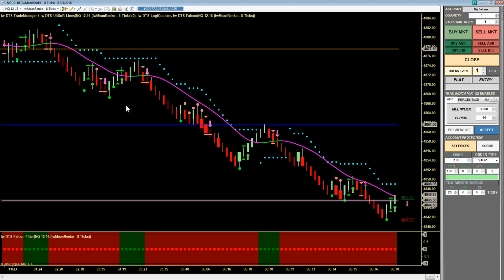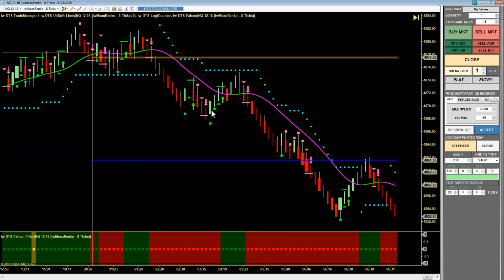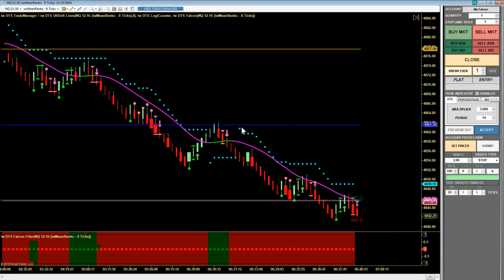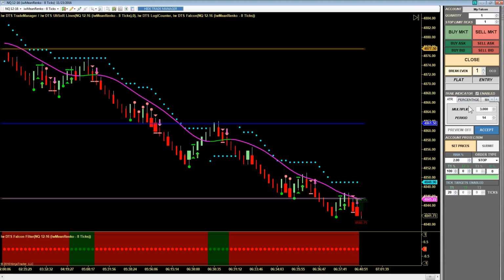So let's say I go back here to the start of the trend and I say, okay, here's a trend change signal. I would have shorted here. The market gave me a little heat, but I rode out the trend change signal and I got stopped out down here. Okay, it looks like it's following it reasonably well. And to start, really, that's all you need, is just to follow it reasonably well, because you can change the stop strategies as the trade goes on.